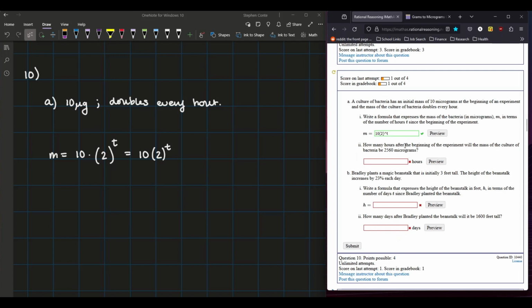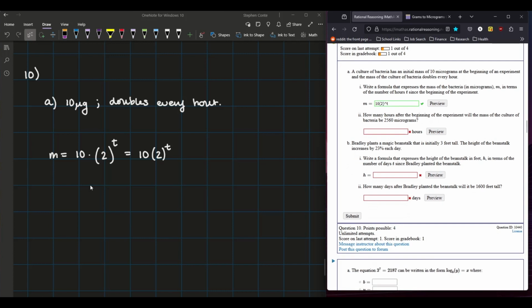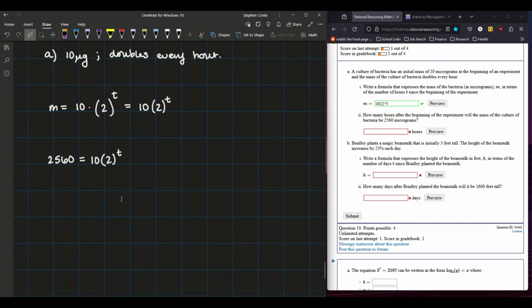Okay. We want to know after how many hours will the mass be 2,560 grams. So then we just say the mass is 2,560 grams. I know what our function is. Let's solve. Right? We'll divide by 10 on both sides. So now I have that 256 is equal to 2 to the power of t.